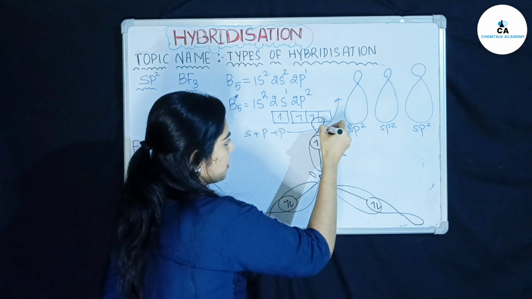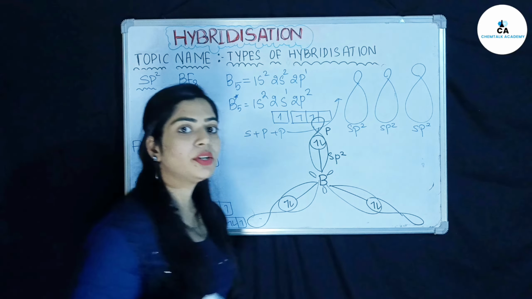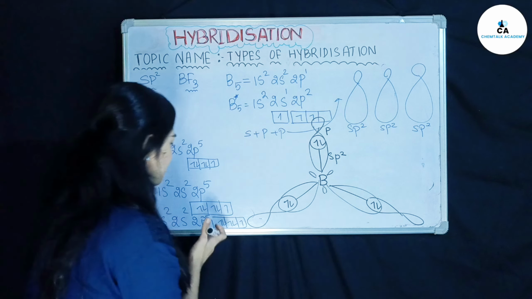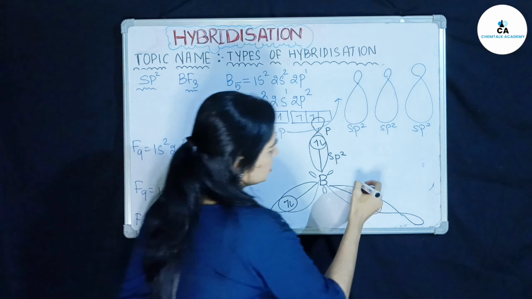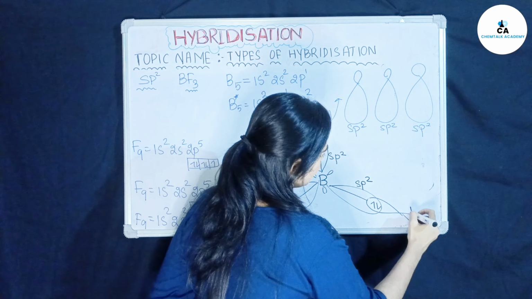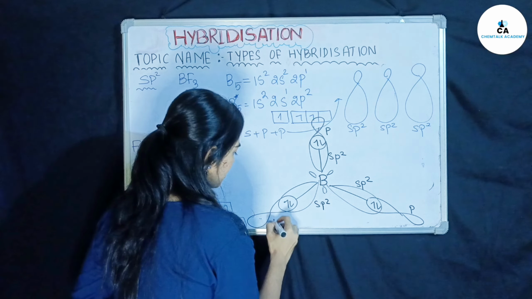This is the p orbital of fluorine. If you want to be specific, you can write pz as well: px, py, pz. So this is sp2 and this is p.